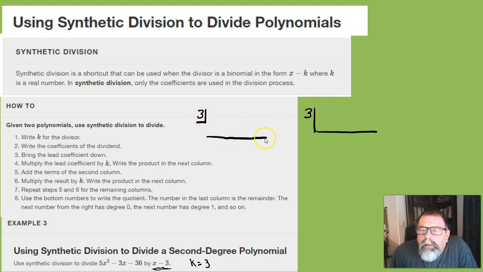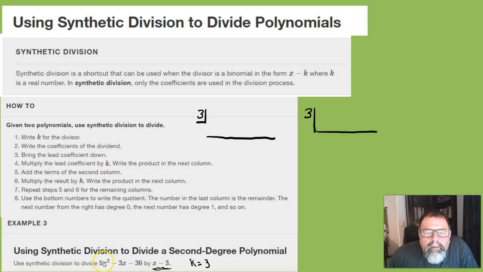And then I put a line like that. So either way, it doesn't matter. It's just whichever way you like better. And then you're going to write the coefficients of the dividend on the top row. Okay? So we got our k, or divisor, 3 here.